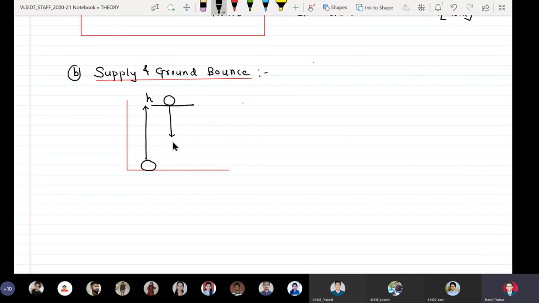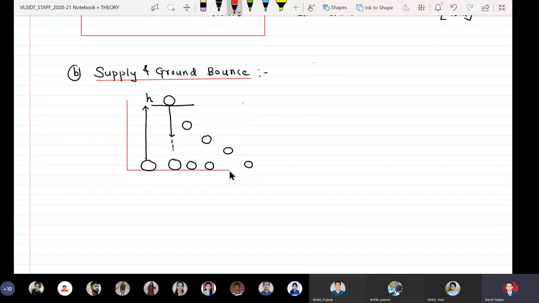We know that the ball will hit the ground, go a little up, hit the ground again, go up, and ultimately come to a resting position after some time.